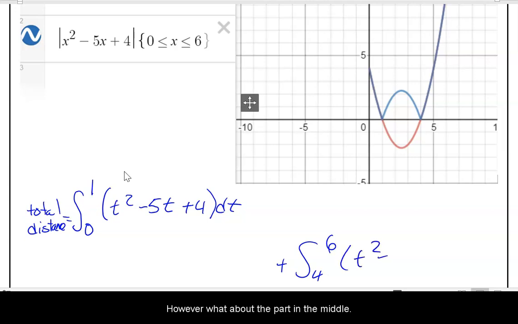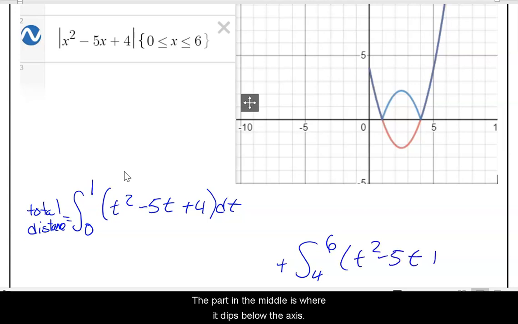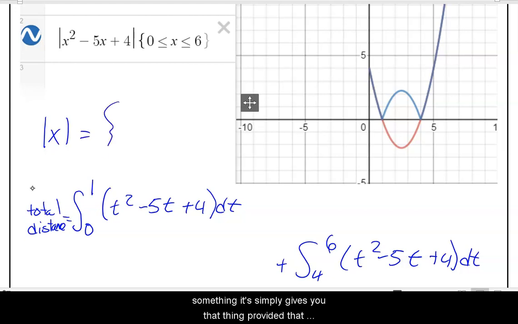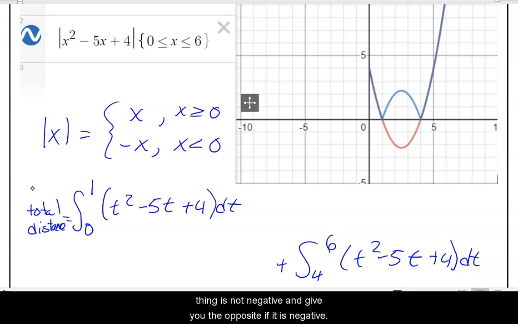However, what about the part in the middle? The part in the middle is where it dips below the axis. Remember that when you define the absolute value of something, it simply gives you that thing, provided that thing is not negative, and gives you the opposite if it is negative.